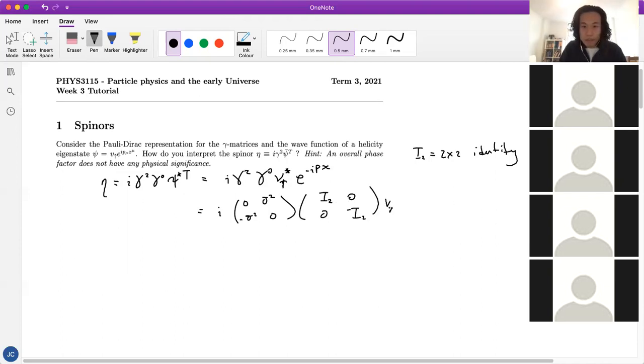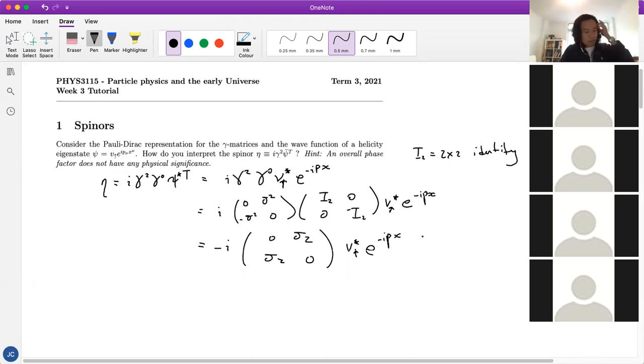Then we have this spinor still, and this e to the minus ipx. Then I'm just going to multiply these two matrices together and take out a minus sign front. So I end up with minus i, 0, sigma 2, 0, and then v up star e to the minus ipx.